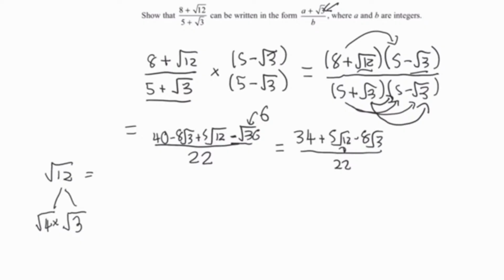But what do you notice about root 4? That is just equal to 2. So square root of 12 is the same as 2 root 3. So 5 lots of square root of 12 is going to be equal to 5 lots of this, so 10 root 3. So this 5 root 12 becomes 10 root 3.